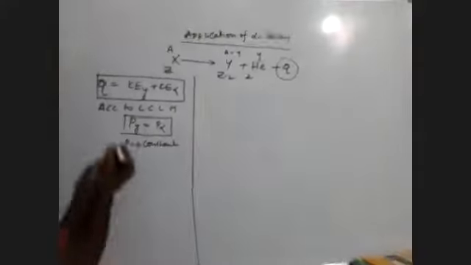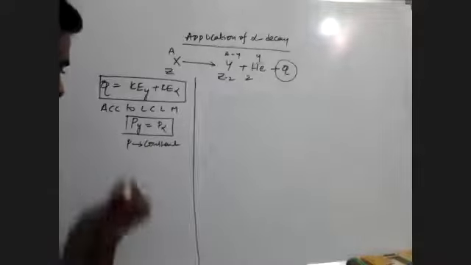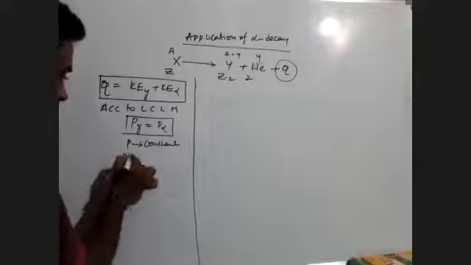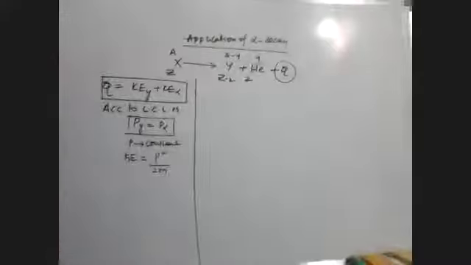Okay. Now, what is the relation between kinetic energy and momentum? Kinetic energy is always the square of the momentum divided by 2 times the mass.